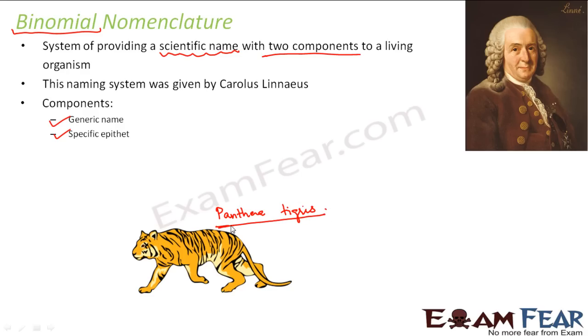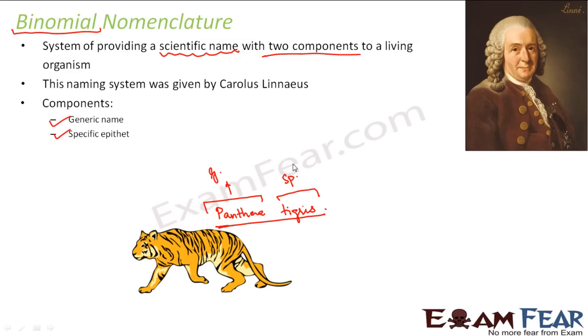You go to any part of the world and if you say Panthera tigris, everywhere Panthera tigris would mean a tiger. So what is Panthera? Panthera represents the generic name. Tigris represents the specific epithet. Specific epithet is basically the species to which this animal belongs, and the species here is tiger, right? And the generic name denotes the genus to which this organism belongs.